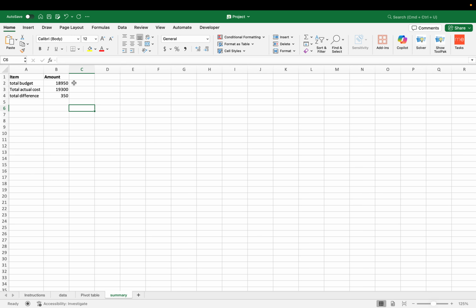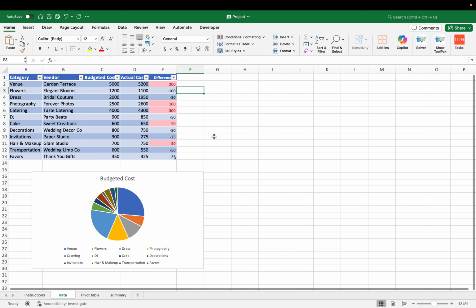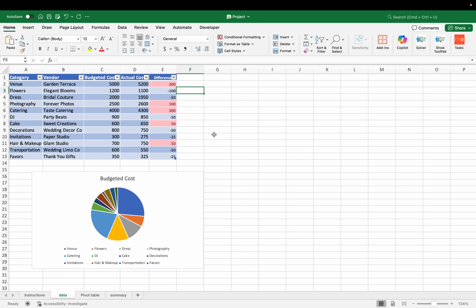So even though some categories were under budget, those savings were often offset by higher costs in areas like venue, photography, catering.